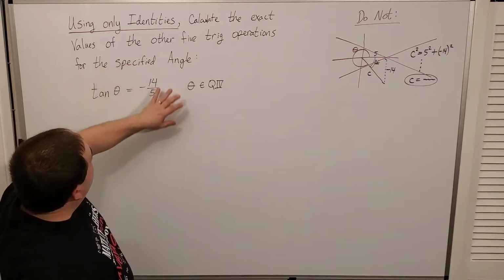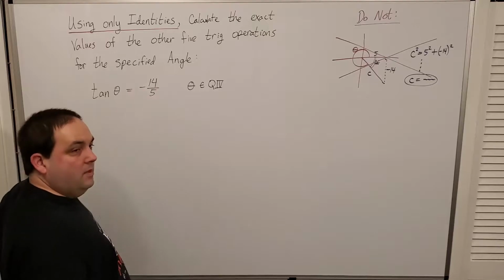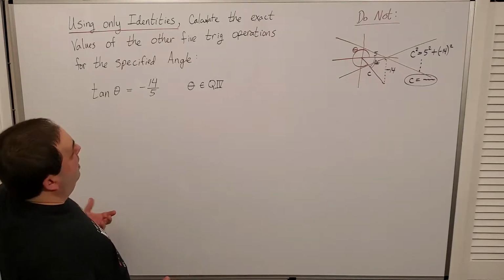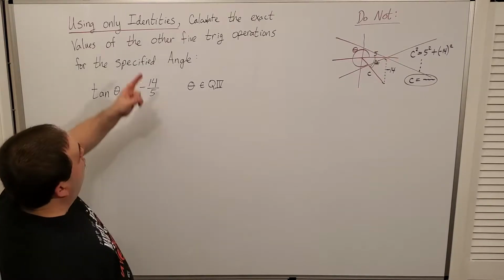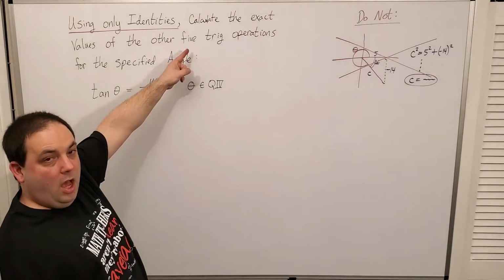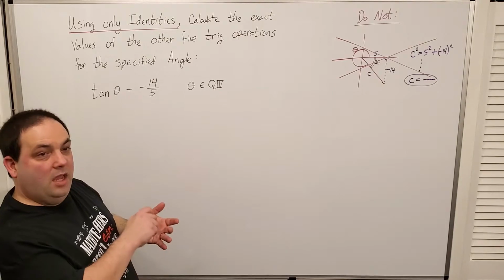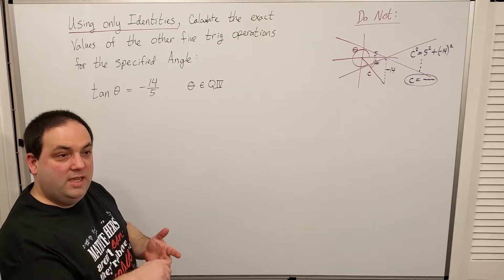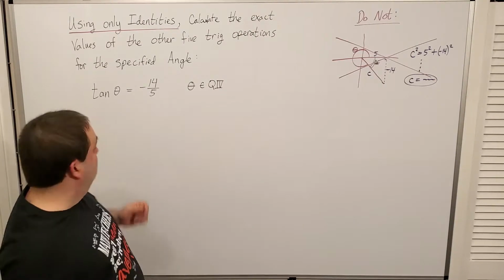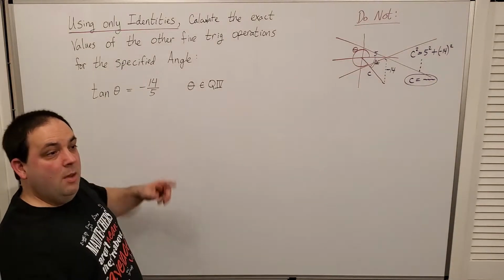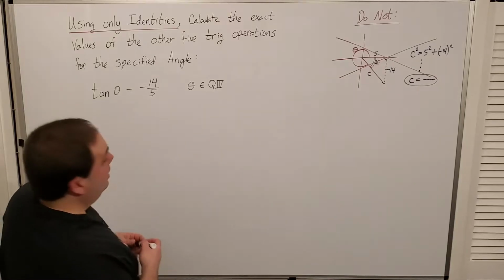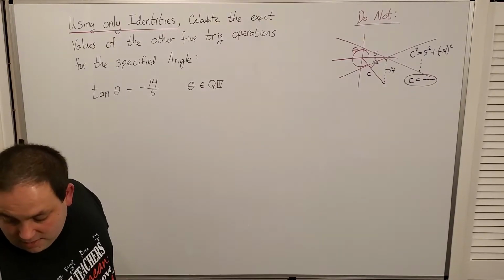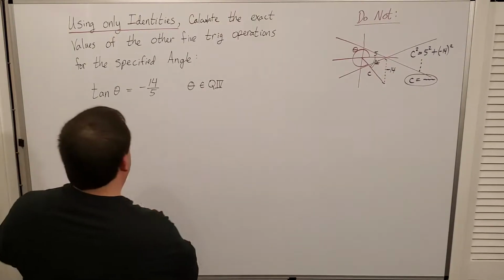I notice that I have tangent. The first thing that comes to mind is, well, tangent is the reciprocal of something. And it wants all 5 of the other operations. So that's going to be sine, cosine, secant, cosecant, and cotangent that are missing. I have tangent of theta, but I need all those other ones of theta as well. So immediately, I think reciprocal.